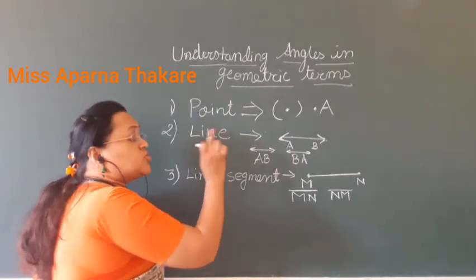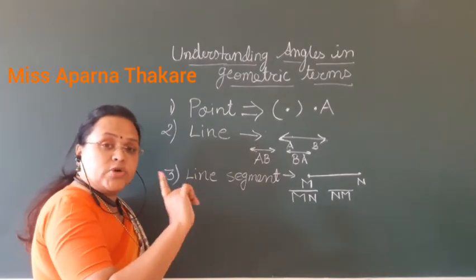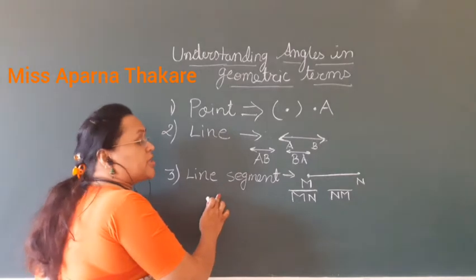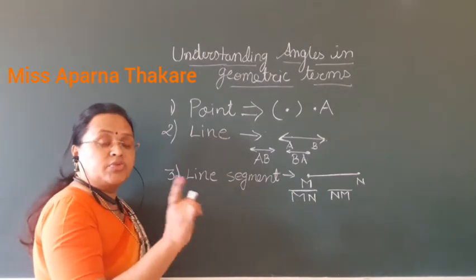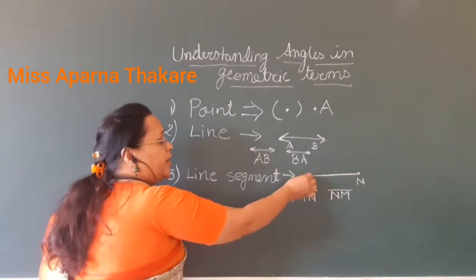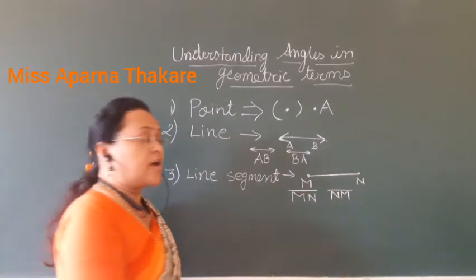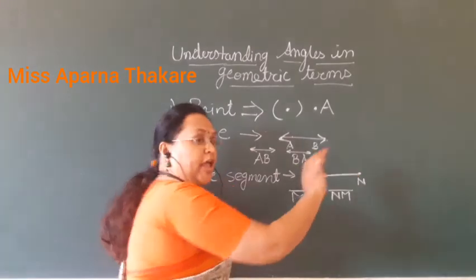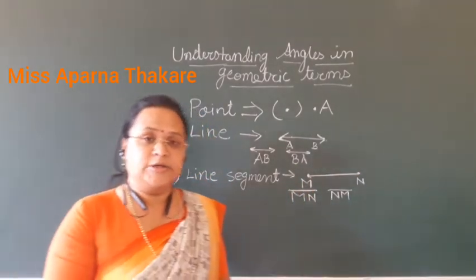The line has no end point and no starting point, while the line segment has an end point on both sides. When we start, that is an end point, and when we end, that is an end point.